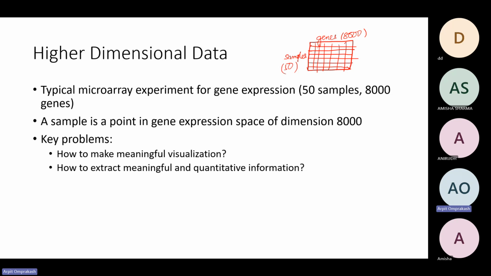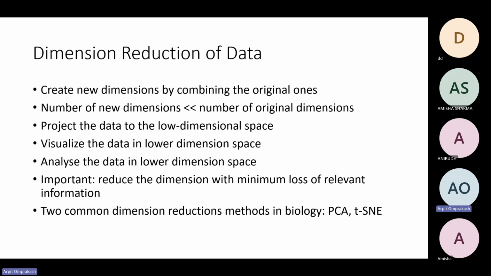You can't see how your sample points are related to each other. And it's also difficult to extract meaningful and quantitative information between the data points if they are in a high dimensional space. So what we do when we have very high dimensional data is something called dimensional reduction.